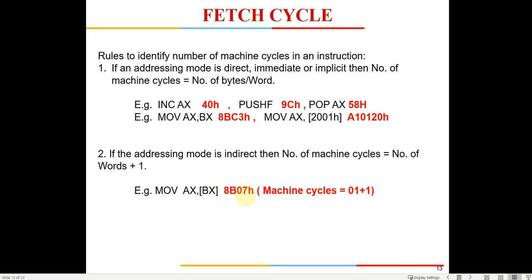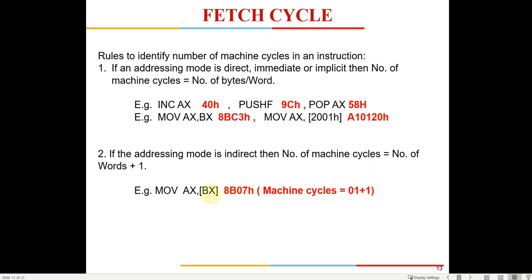This requires only one machine cycle to get the data, since it is 2 bytes, so it fits in a single machine cycle. This data is brought into the BIU, but I am not interested in BX itself. I have to generate the physical address corresponding to BX, so I require one more machine cycle here. The decode operation takes one more, so the fetch cycle now becomes 2.